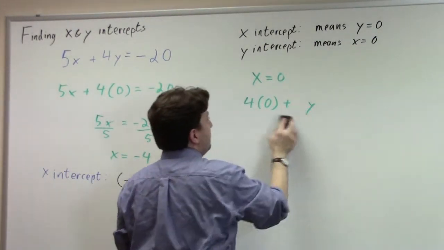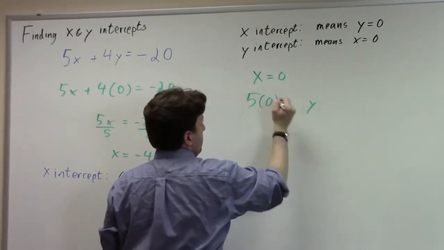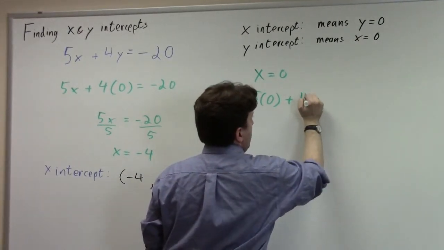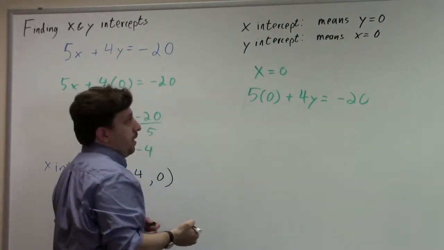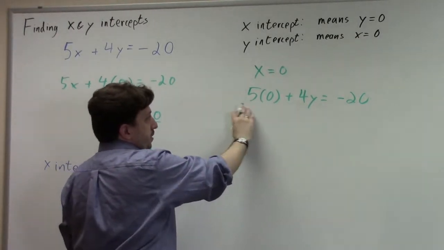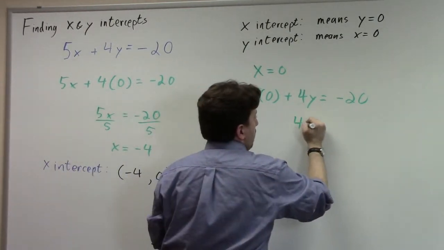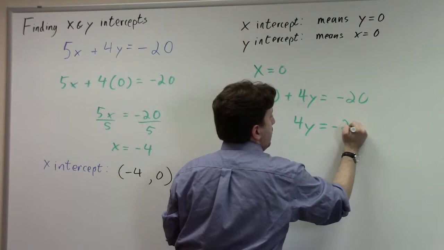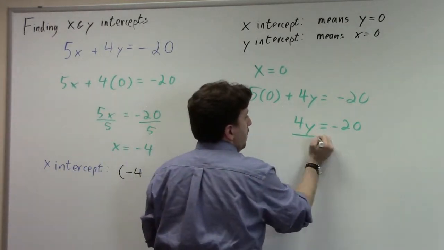So it should be 5 times 0 plus 4y equals negative 20. And because we have 5 times 0 here, this is just going to cancel out when we simplify. So we're going to end up with 4y equals negative 20. Now I want to divide by 4.